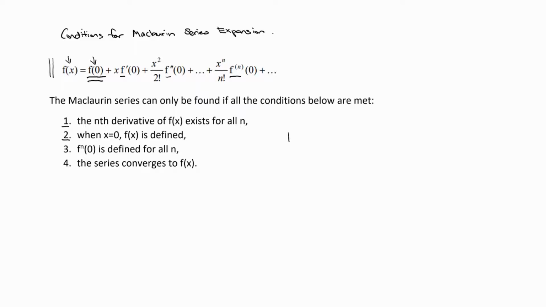For example, suppose I were to ask you, do you think that we could use the Maclaurin series expansion for cosecant x? And the answer is no, due to the fact that when x is equal to 0, cosecant 0 is actually equal to 1 over sine 0.